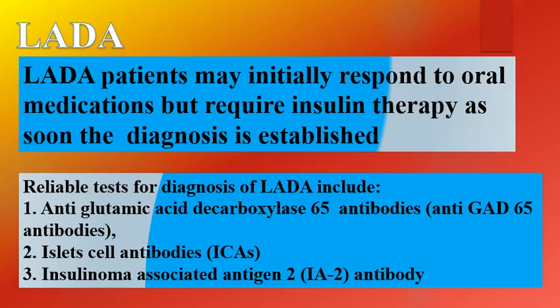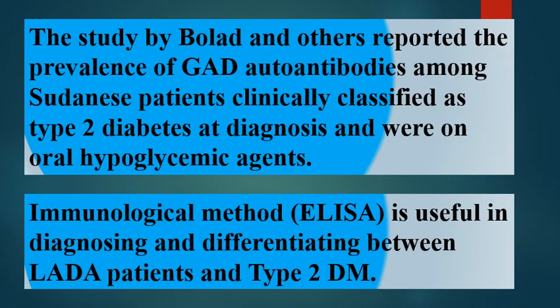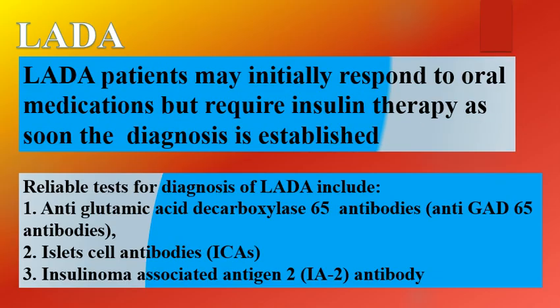So LADA patients may initially respond to oral hypoglycemic medication, but require insulin therapy as soon as a diagnosis is established. And why, when you diagnose your patient as LADA, you should put him on insulin?